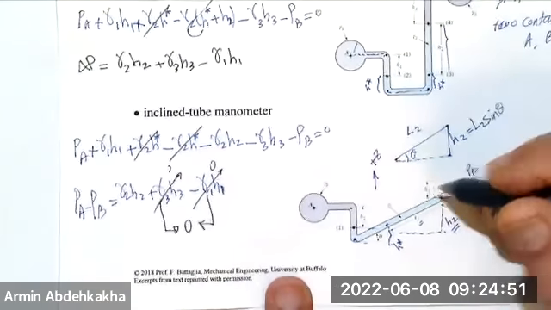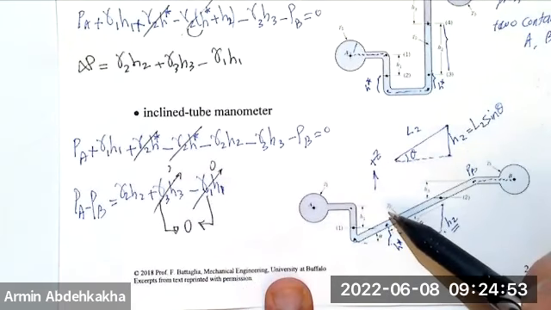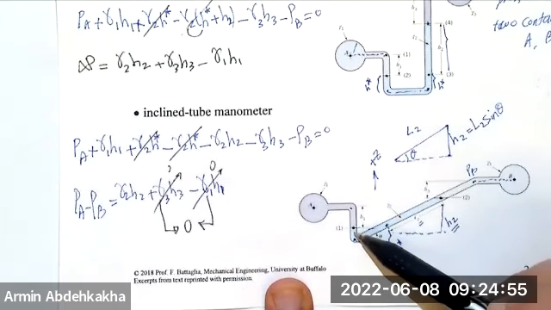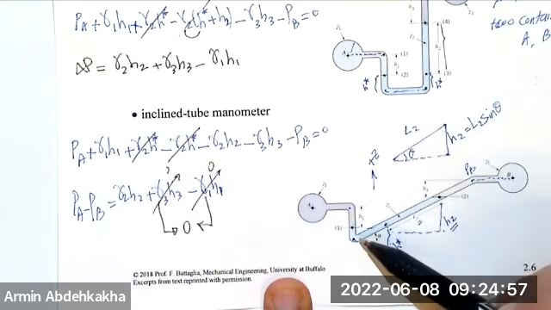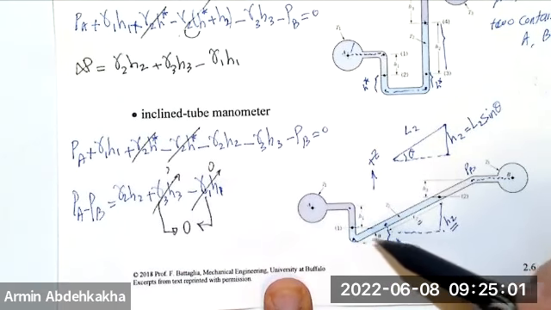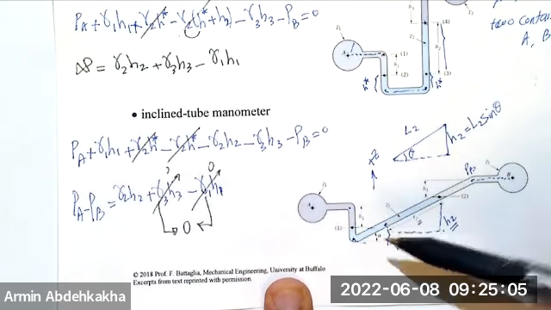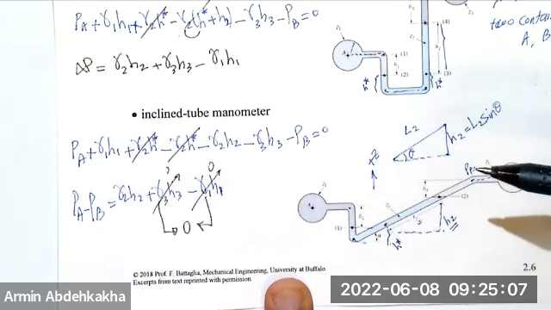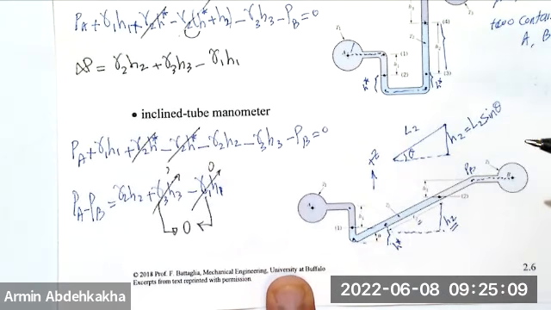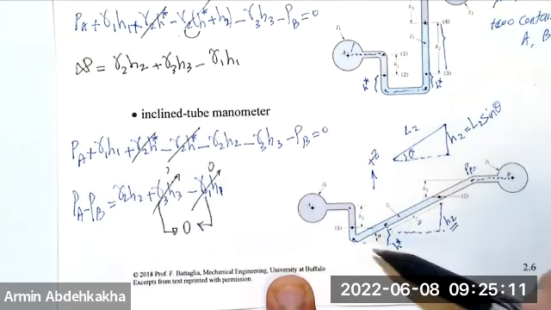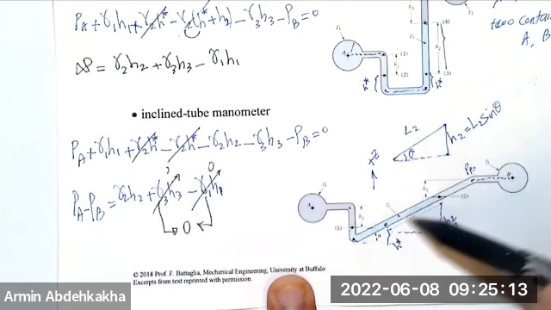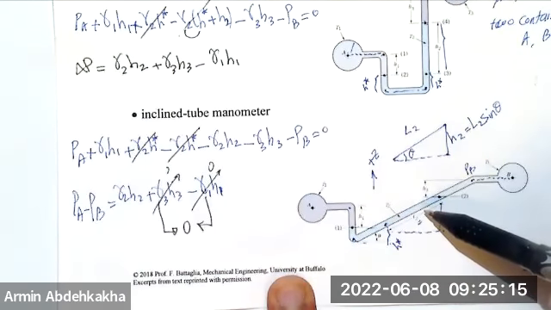As you see here, that's why this inclined tube manometer is designed in a way to have the second fluid, which is most of the time liquid because it has higher gamma, in the middle or inclined part, right?